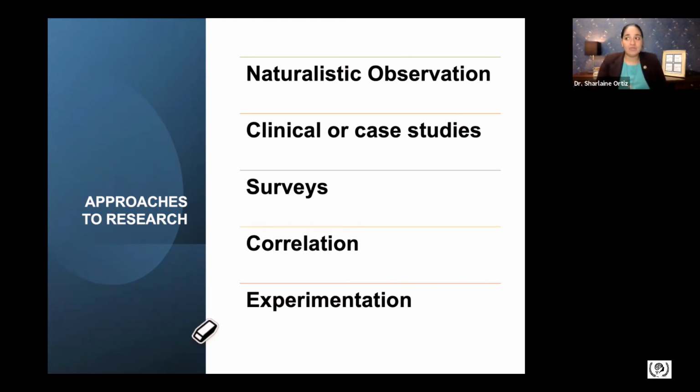Look at how they were. Look at how special or unique this person was. So that's what case studies are, I should say. We're also going to talk about surveys. We're going to talk more in detail about correlation, and we're going to go in depth on the experimental side of things.